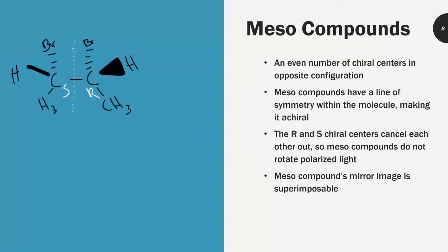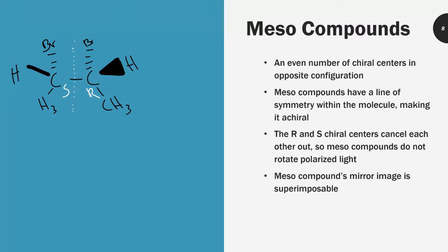And then the last case is meso compounds. Meso compounds have an even number of chiral centers, and they have to be in the opposite configuration. Okay, so meso compounds have, this should be a triangle here, but they have to have a line of symmetry somewhere in the molecule, which causes those two chiral centers in opposite configuration to cancel each other out.